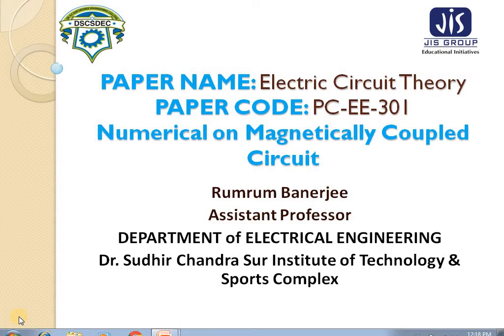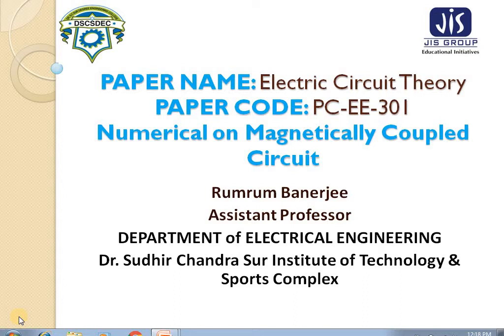EMF means voltage. That means this voltage will be added to our actual supply voltage, and these drops will be there. From the dot convention, we know that the position of the dots determines whether the mutually induced EMF is in the positive or negative direction.